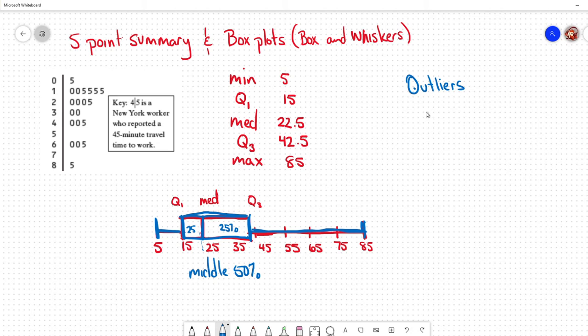And that is that we would measure 1.5 times the interquartile range, and we're going to subtract that.